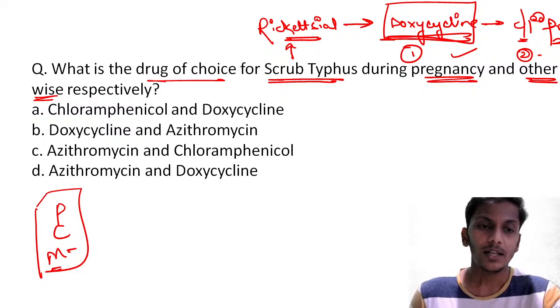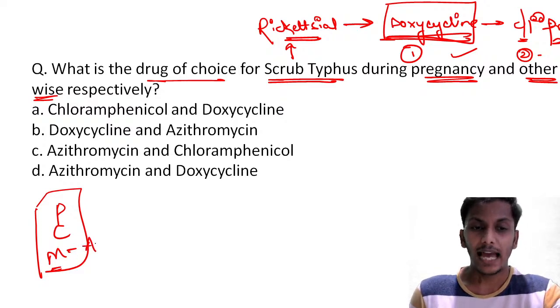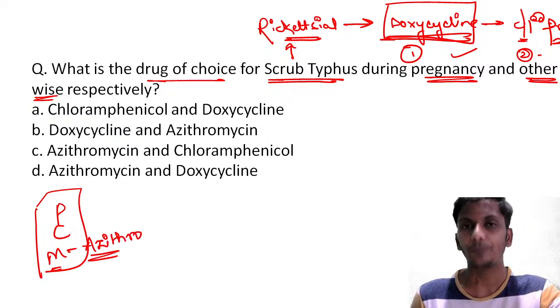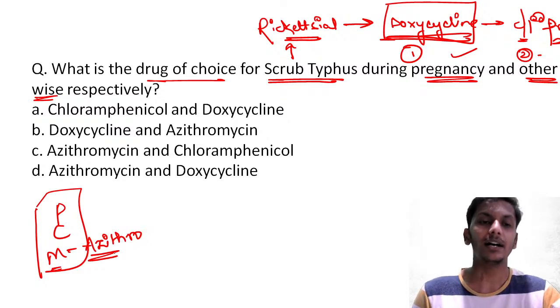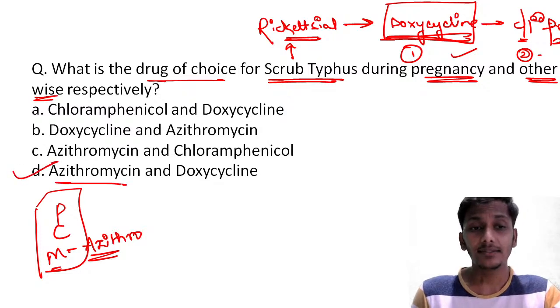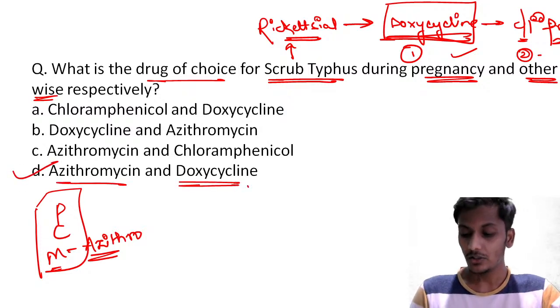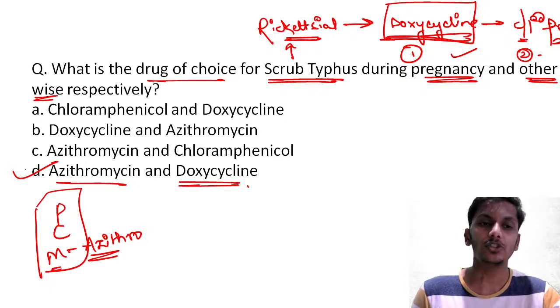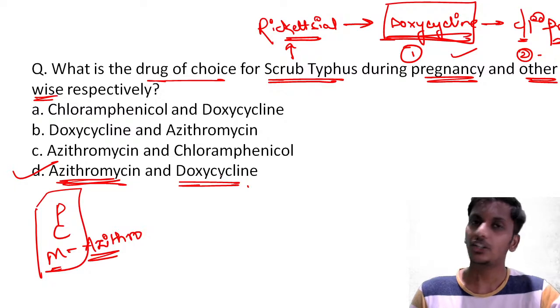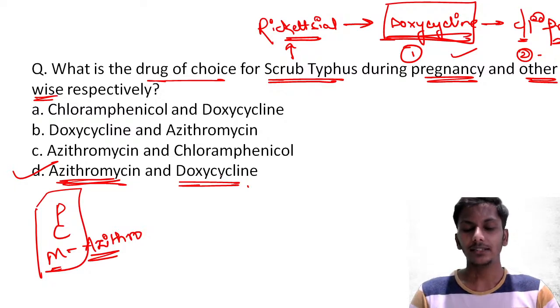And which is the safest macrolide that we routinely use? Azithromycin is the safest macrolide that we have. So the answer to this question would be option D, azithromycin and doxycycline. The drug of choice for rickettsial infections in pregnancy would be azithromycin. Otherwise, it would be doxycycline. I hope now this is very much clear to you guys.